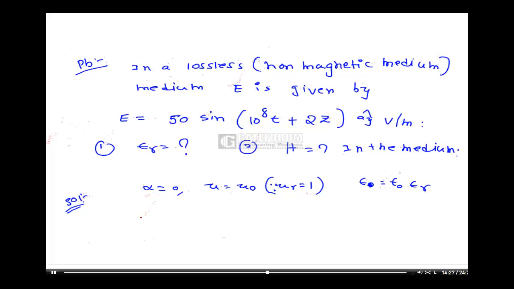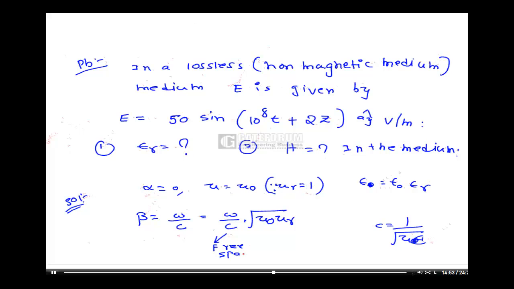Then here beta is equal to, I know, omega by c into square root of mu r epsilon r, because generally c is 1 by square root of mu epsilon. Now it is free space, only 1 by square root of mu naught epsilon naught. I can write like this.